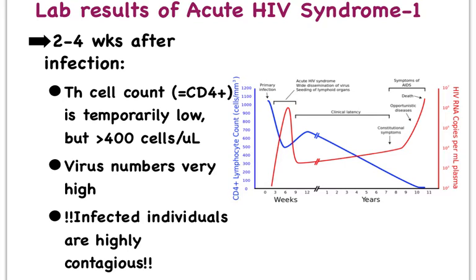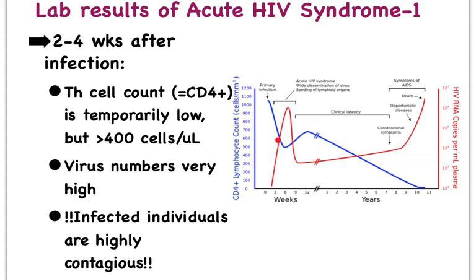So just a few weeks, the immediate weeks, I should say, after infection, we're going to see that our T cells do crash a little bit, but they do stay above 400 cells per microliter. So here's our 400, and we do stay above that, and then they start to recuperate, right?